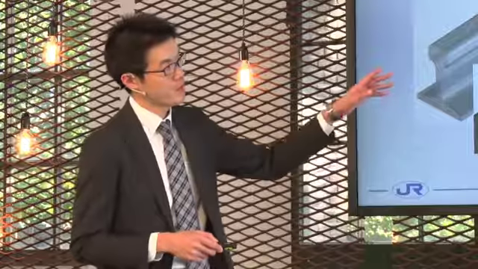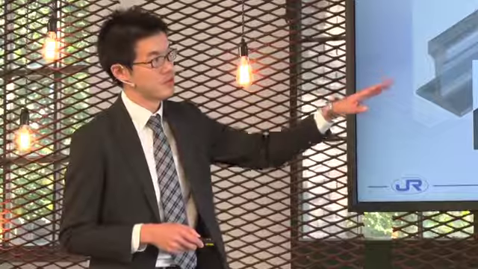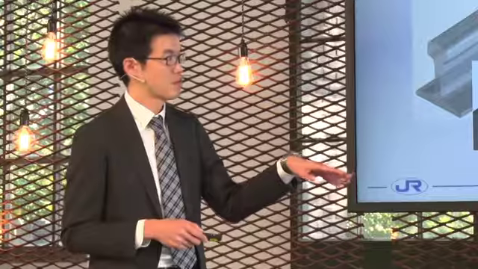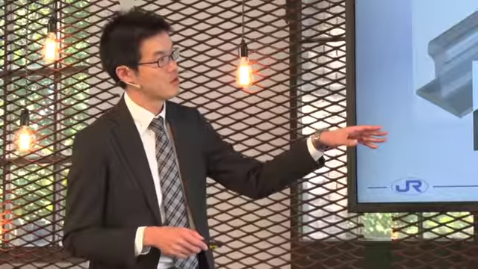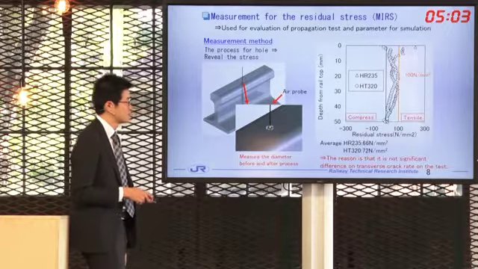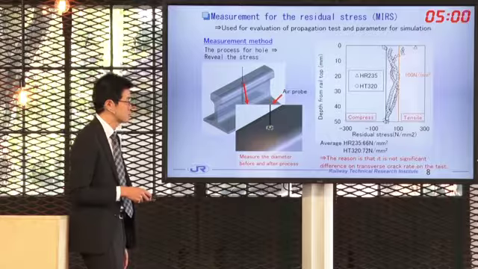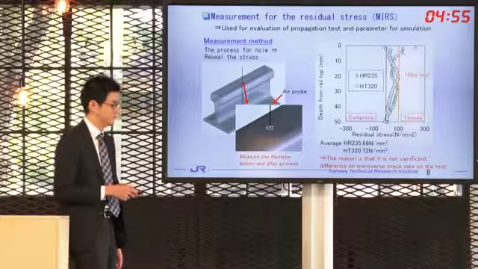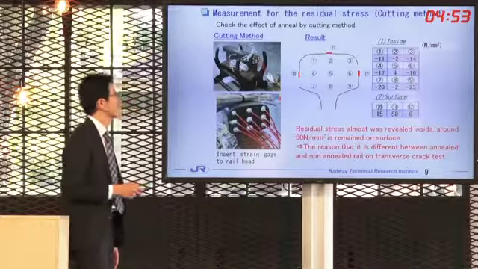This graph means that we measured two different types of rail, but the measurement results are almost the same. Looking at depths from 20 to 30, the values are almost the same, about 100 Newton per square millimeter. This is the reason there is no significant difference in transverse crack rate in the test.